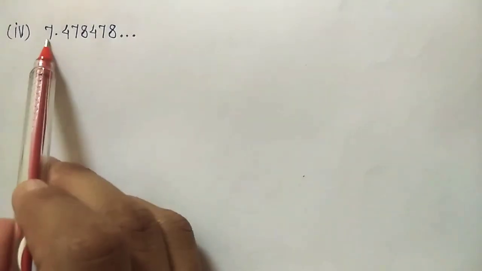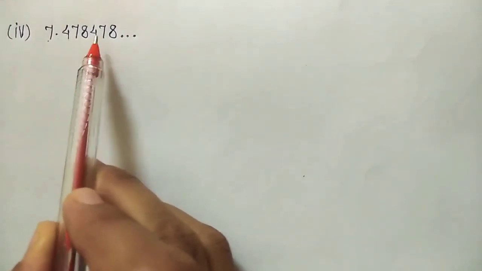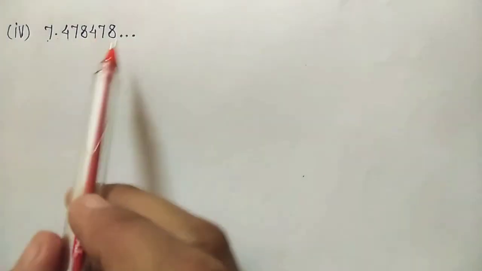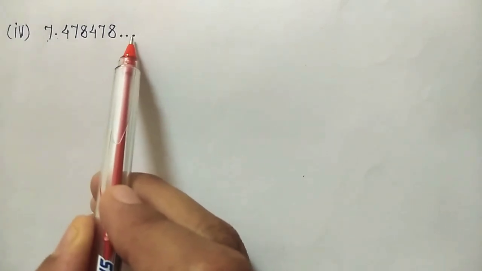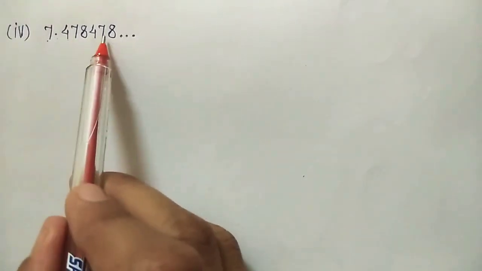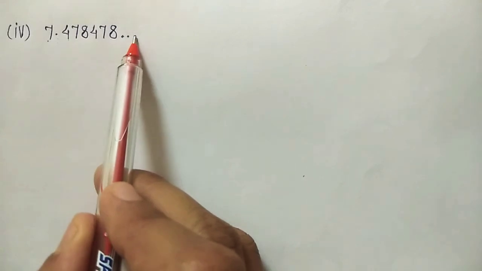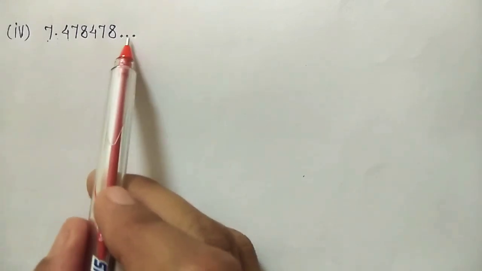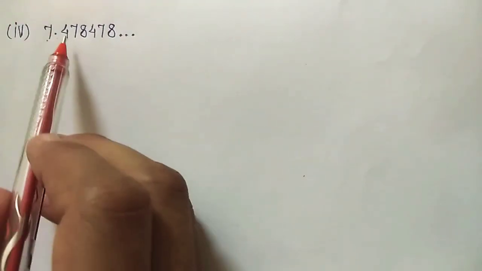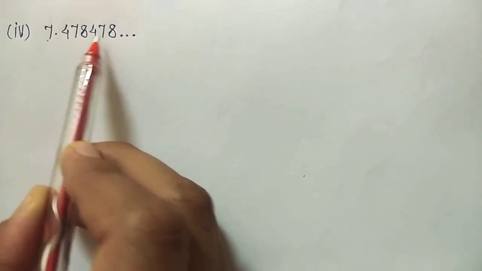Number 4 is 7.478478 continuous. Here also we are given decimal form. See how it is. Here continuous dots are shown, which means this decimal expansion is not terminating. It is continuous, right? Also, you see the digits. After decimal point, we have 478, 478.